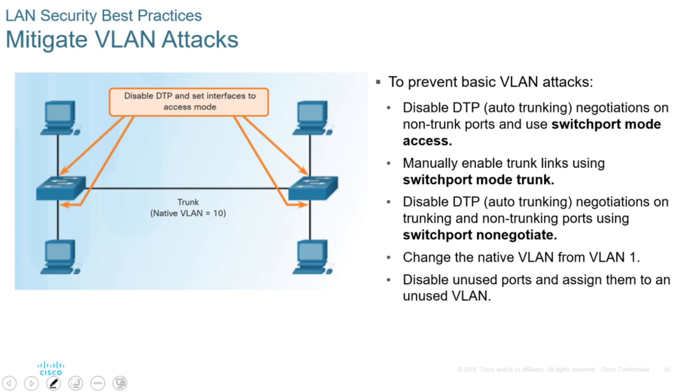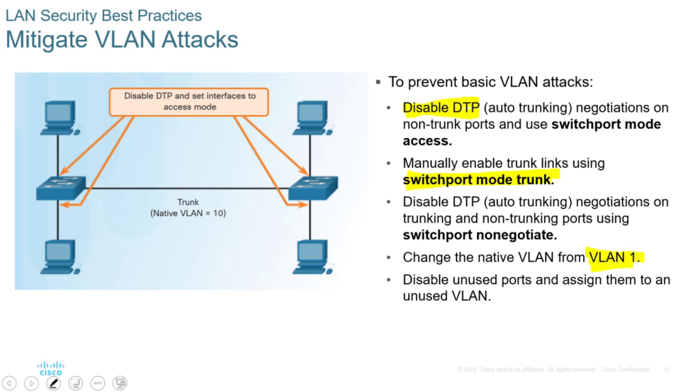So to prevent VLAN attacks, there are a few things that we can do. We can disable DTP, and we can do manual trunking. So if you want to enable something as a trunk, we can do manual trunking. And by default, the native VLAN is normally VLAN 1.